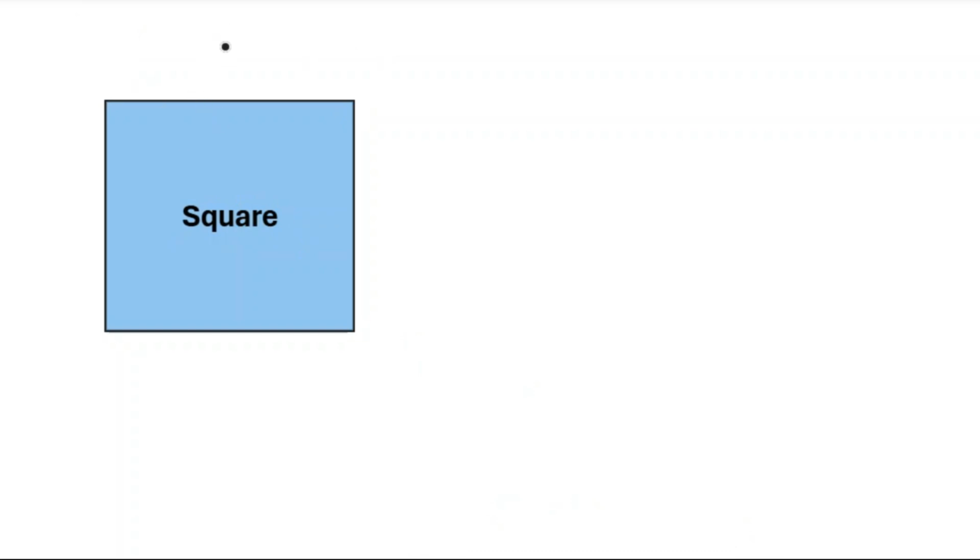So if we decide that the distance from here to here is p, it means that this side will also be p, this side will also be p, this side will also be p, which gives us a perimeter of 4p. So all sides of a square are equal.